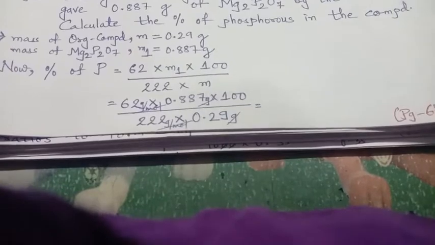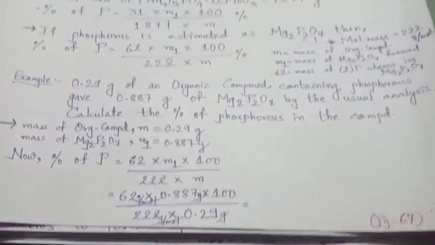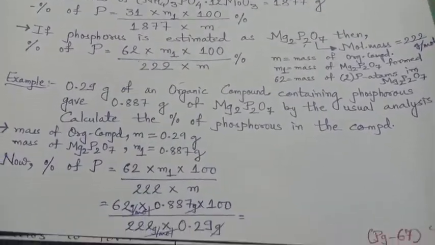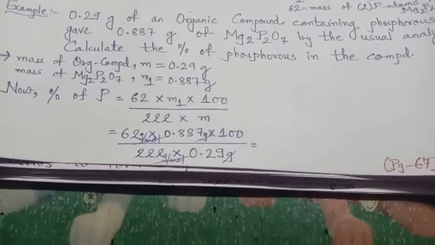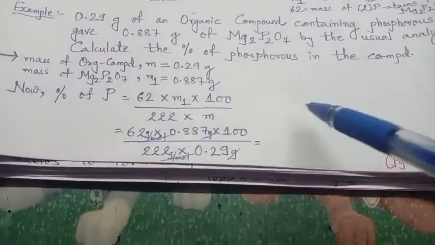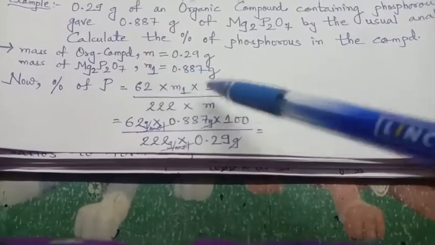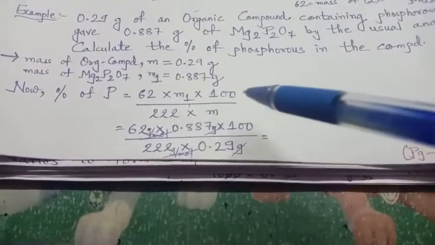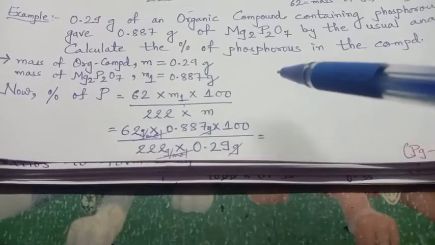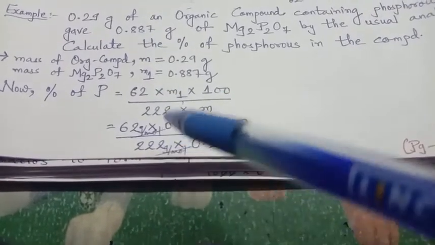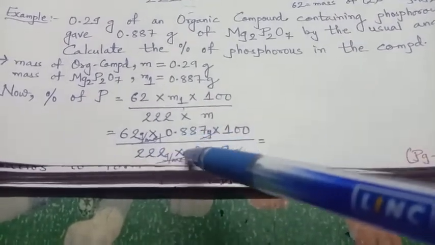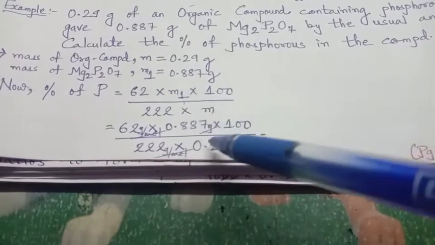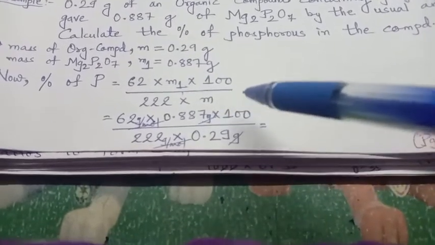If we consider ammonium phosphomolybdate, then 1877 is the molecular mass. So putting the values: 62 into 100 upon 222 into m. So here 62 gram multiplied by m1, that is 0.887.